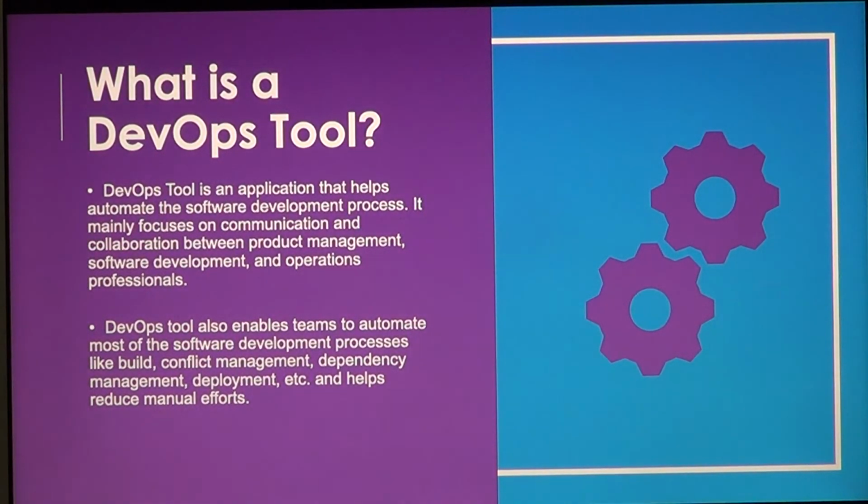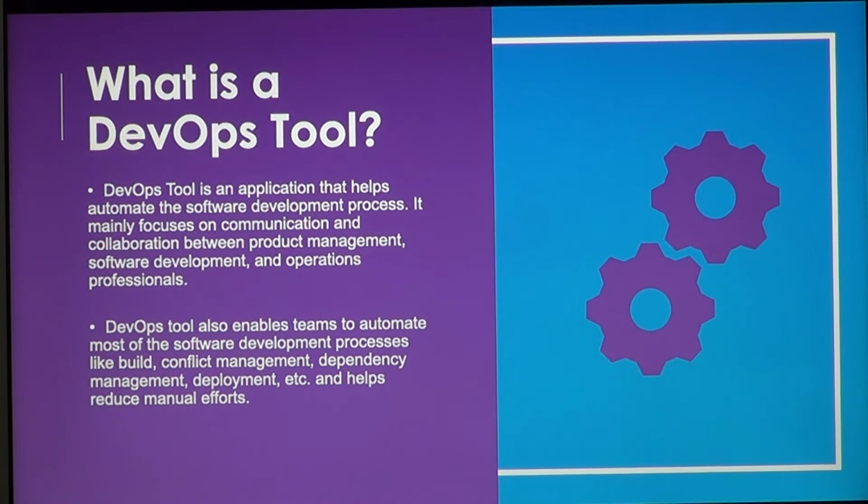Now, what is a DevOps tool? In the first slide, we have shown the DevOps tools. Now, what exactly is it? A DevOps tool is an application that helps automate the software development process. It mainly focuses on communication and collaboration between product management, software development, and operations professionals.